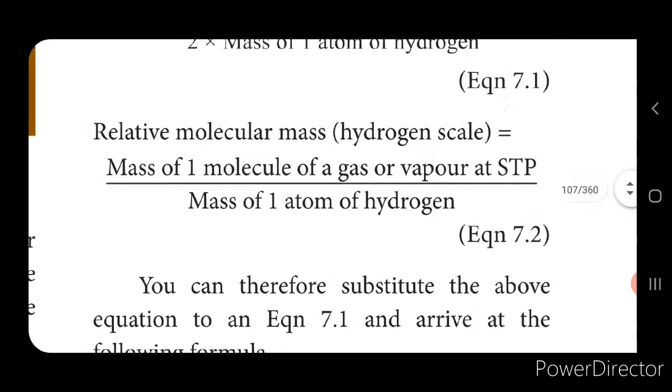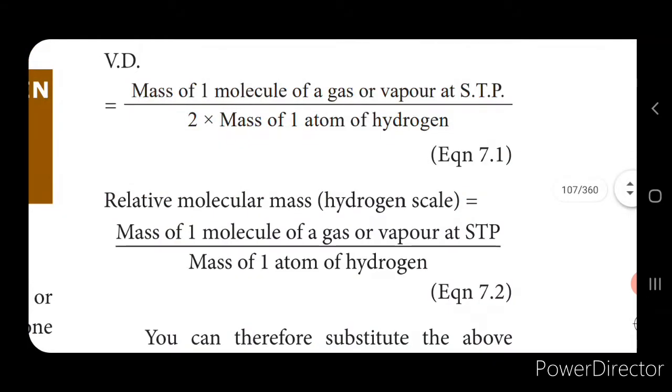Now compare equations 7.1 and 7.2, children. Leaving this 2, the other remaining definition is the same as that of relative molecular mass: mass of one molecule of gas at STP divided by mass of one atom of hydrogen. So only the 2 is the extra value given in vapor density.